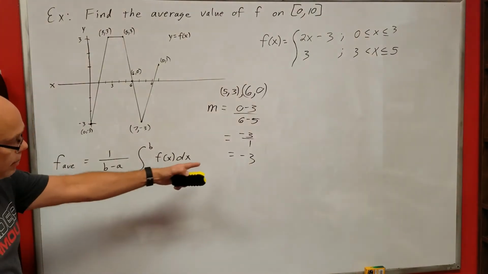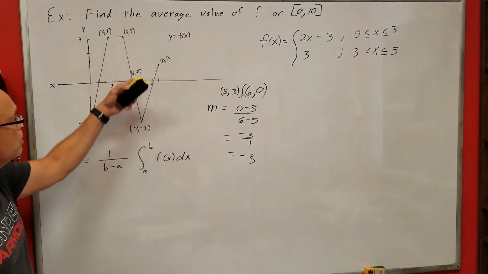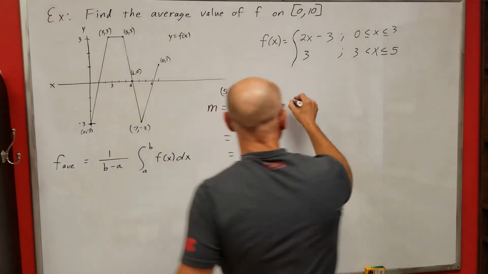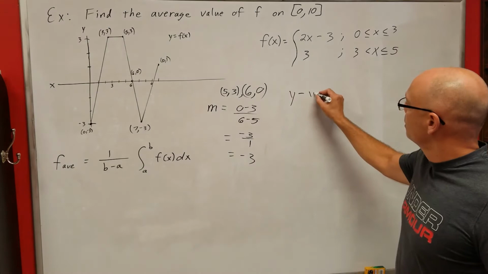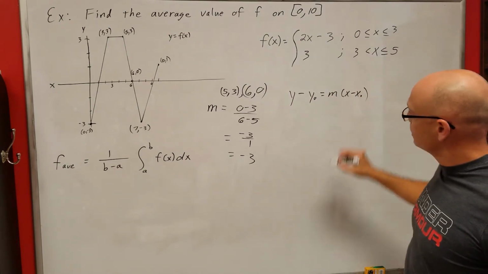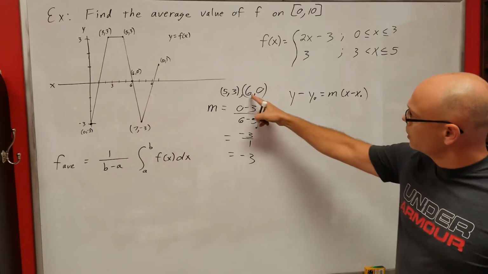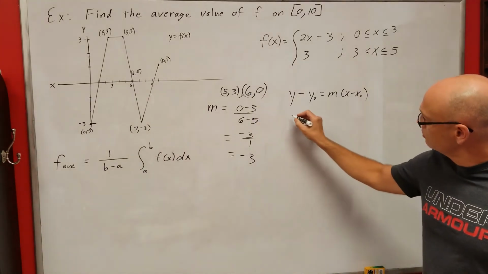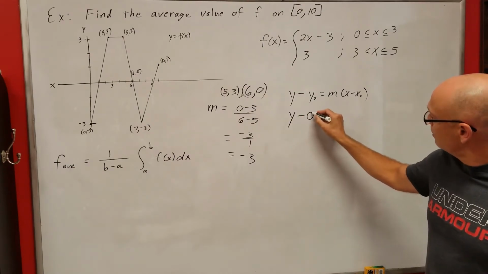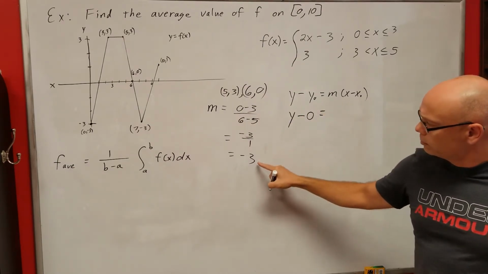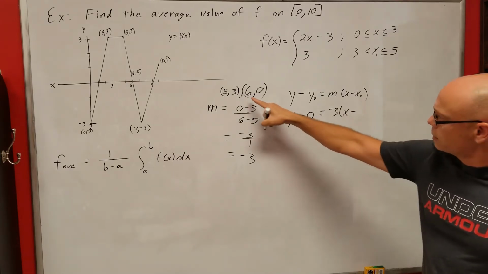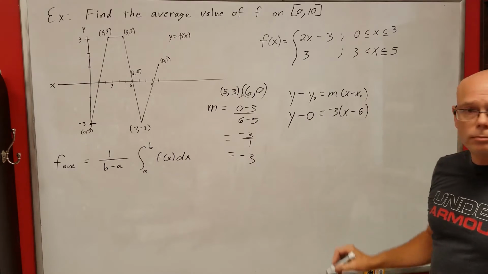So now I have the slope and I have at least 1 point. Actually I have 3 here. So I can use point slope form. y minus y0 is equal to m times x minus x0. Now I'm going to use this point, it's going to be easier. So y minus 0 is equal to m, which we said was -3, times x minus 6.